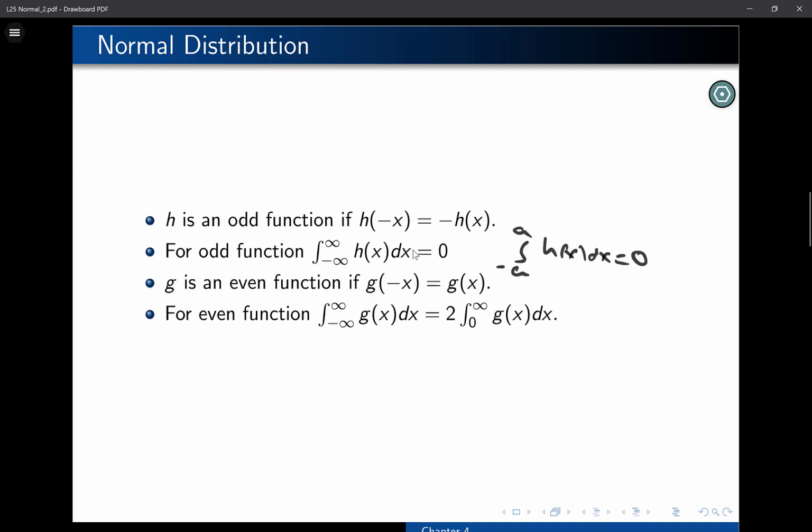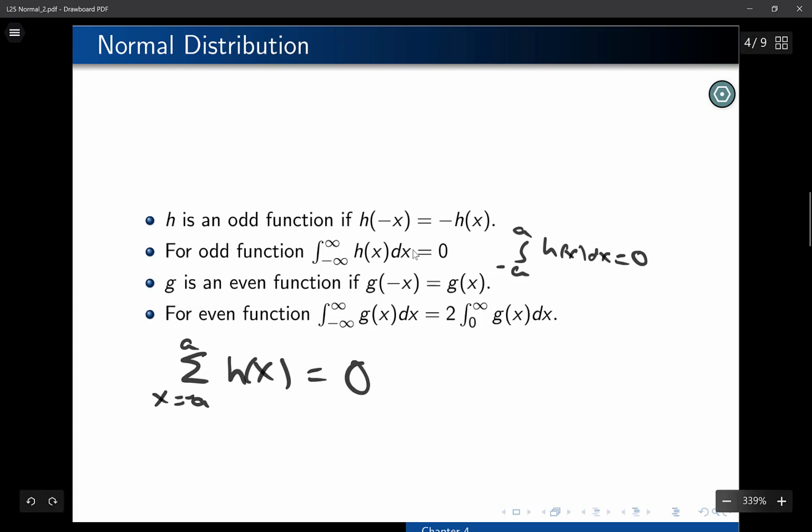In fact, this is true even if x takes discrete values. So for example, instead of an integral, if I have a summation of h of x, and x takes values say from minus a to plus a, or minus infinity to infinity even, this sum is going to be equal to 0.